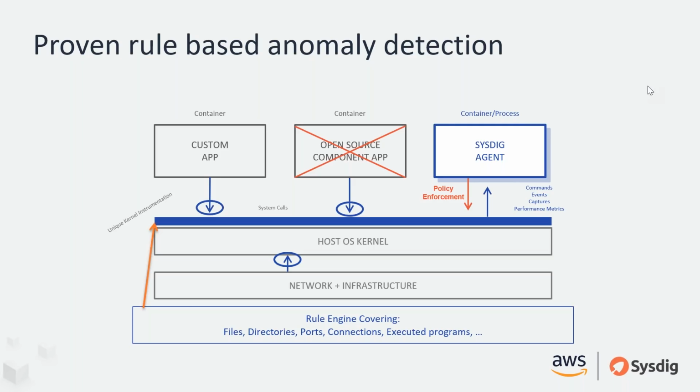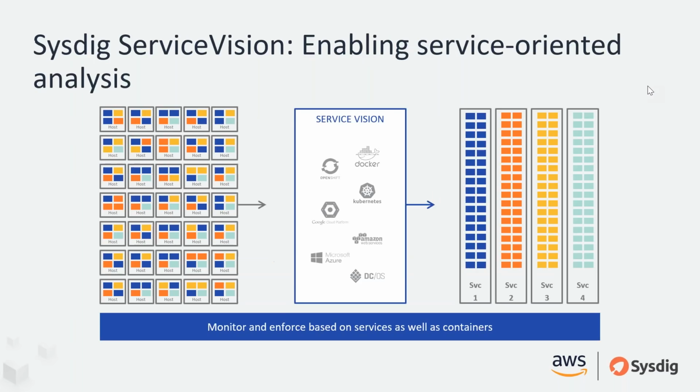So on top of this instrumentation, we've also layered on an open source rule engine from Sysdig Falco, and this is going to allow you to do any policy detection and violation for files, directories, ports, executed programs, all that kind of stuff. So really customize any one of these open source policies to do any type of detection of user activity, application activity on your host.